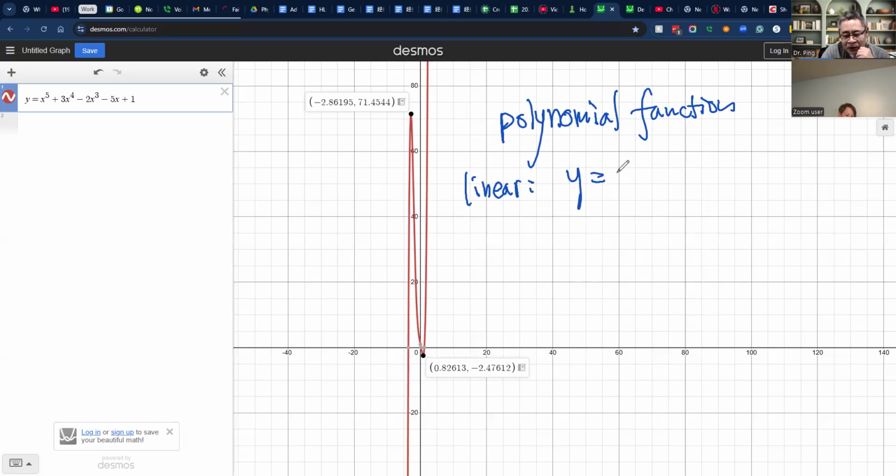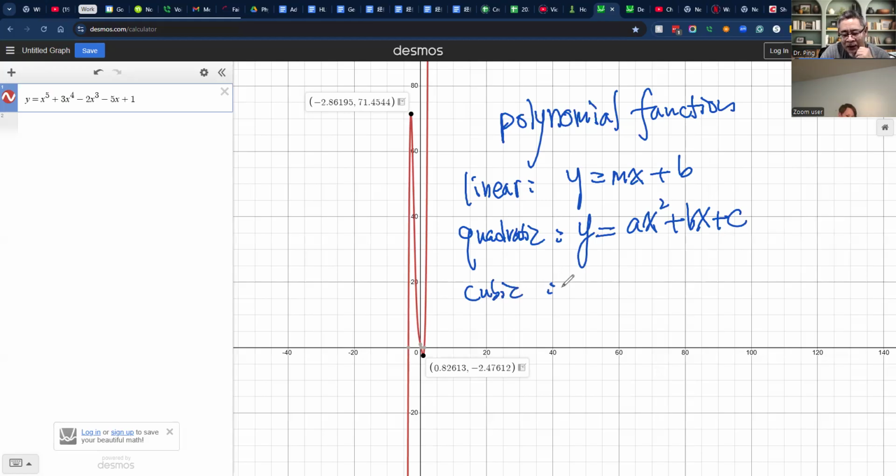Linear is y equals mx plus b, and then we have quadratic, which is y equals ax squared plus bx plus c. Then we have cubic, and that's y equals ax to the 3rd plus bx squared plus cx plus d.